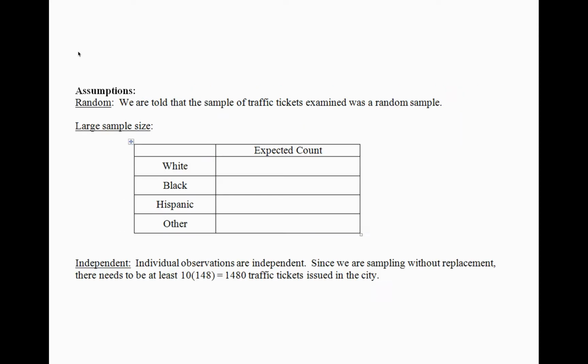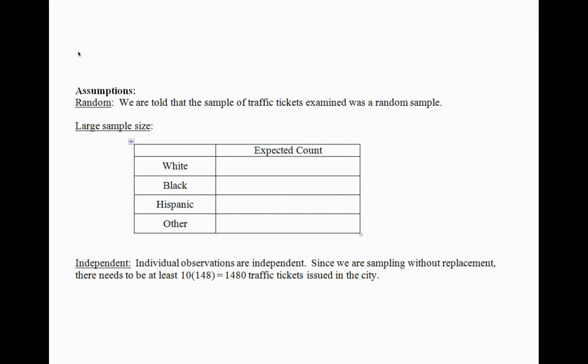The next step is our assumptions. We are told in the problem that the traffic tickets were obtained from a random sample, so that condition is satisfied. We're going to calculate the expected counts. With the Fruit Loops example, we were looking at what's called a uniform distribution, where all of the categories were evenly distributed, so we had like 1/6, 1/6, 1/6. Here, we're not expecting that.